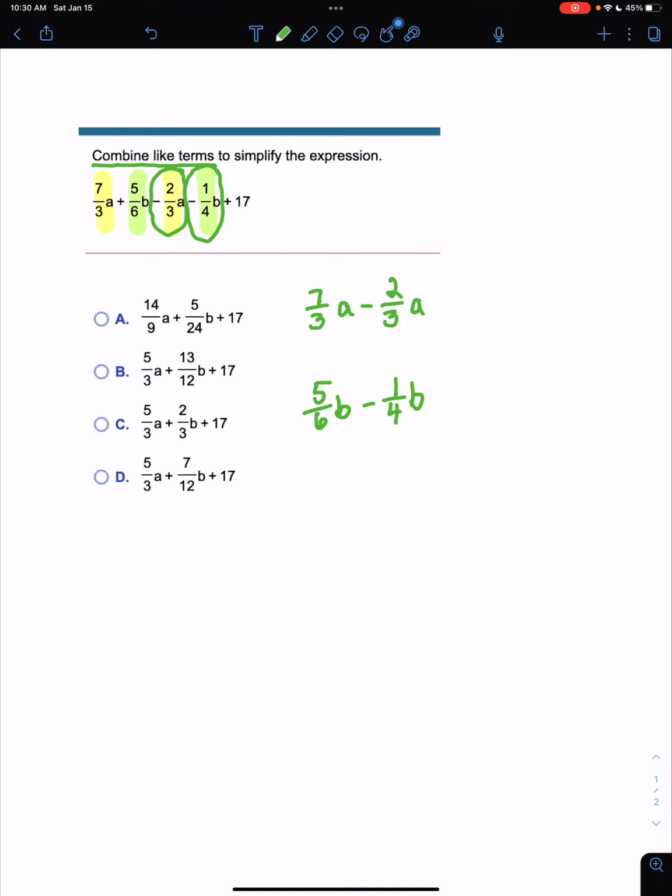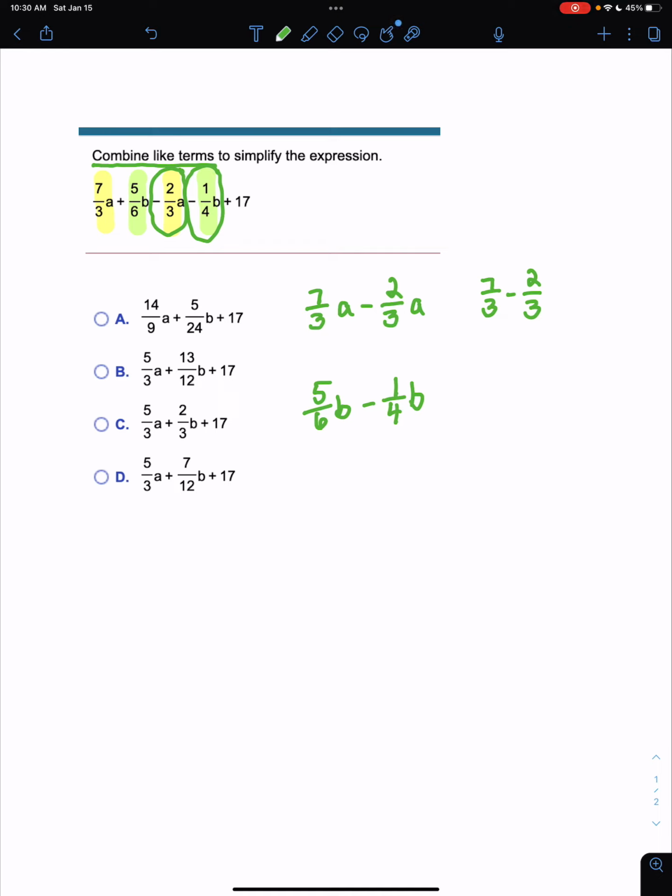So when we add like terms, we are just going to add or subtract the numbers. So basically here we're going to subtract 7/3 minus 2/3. And then we also have the A involved. When we subtract fractions, we're going to subtract the numerator, the top number.